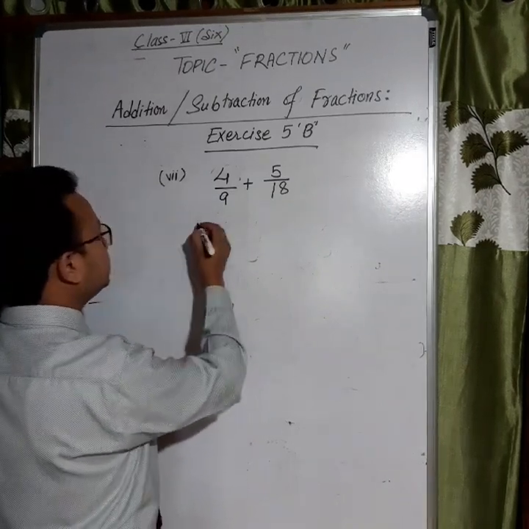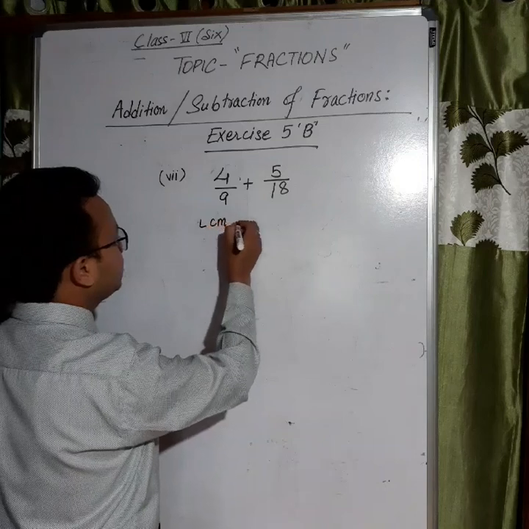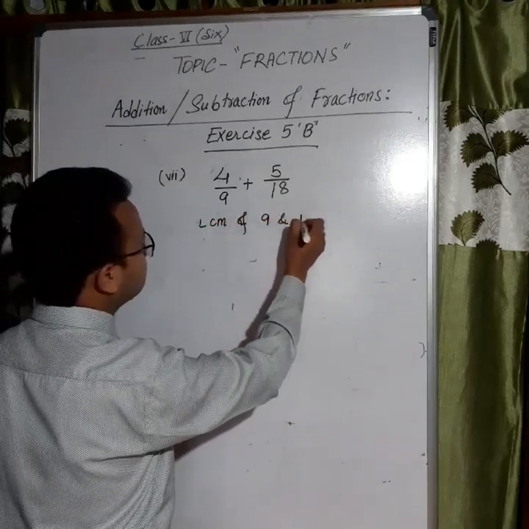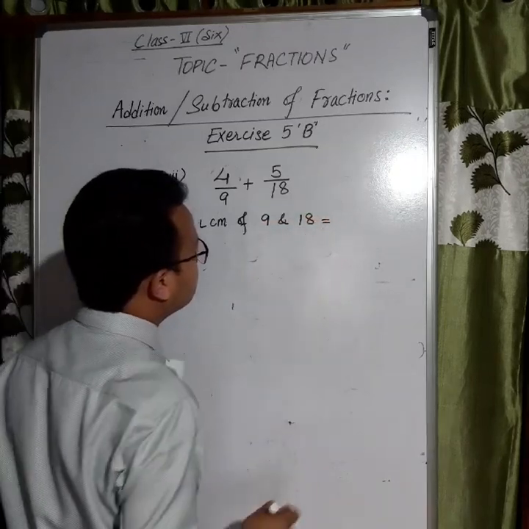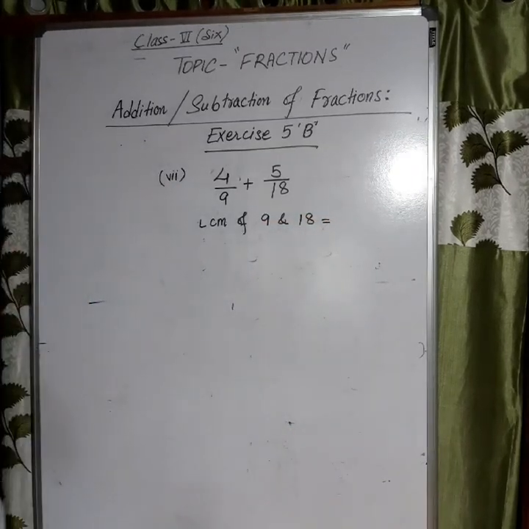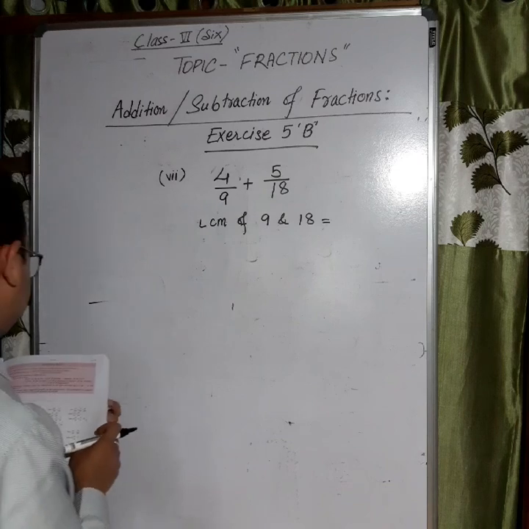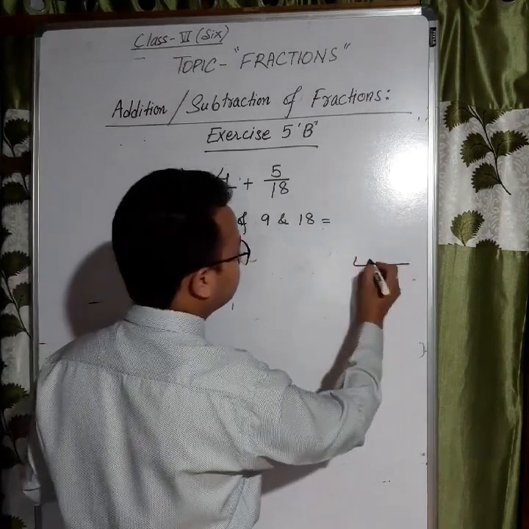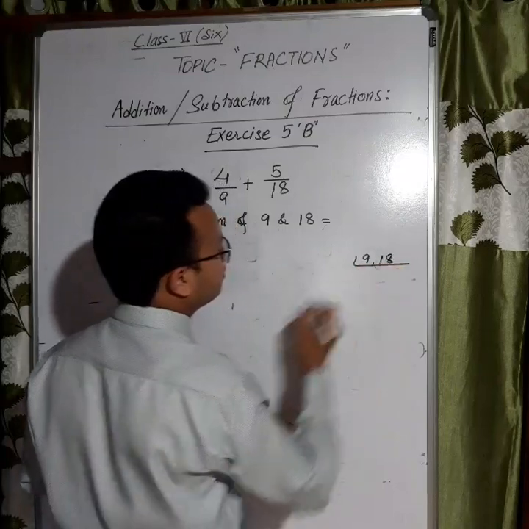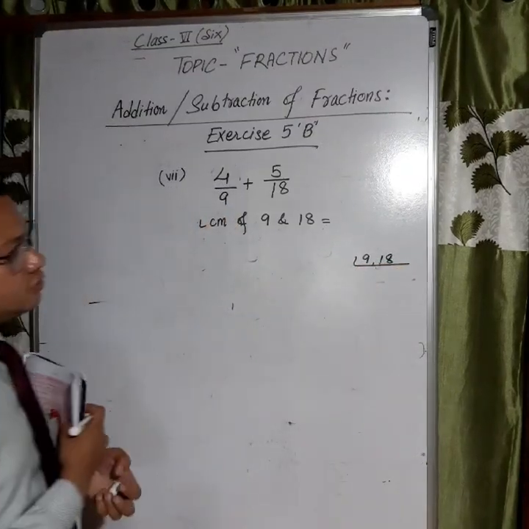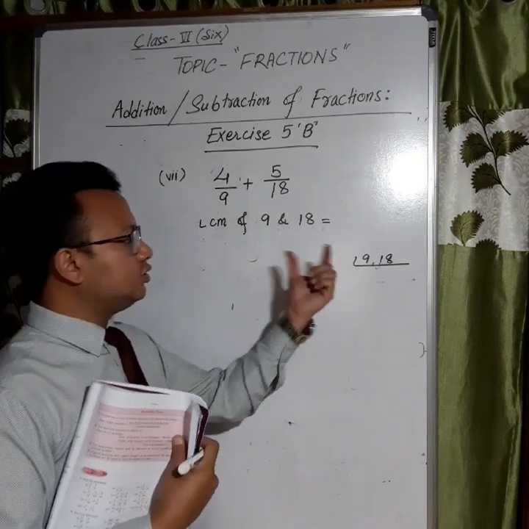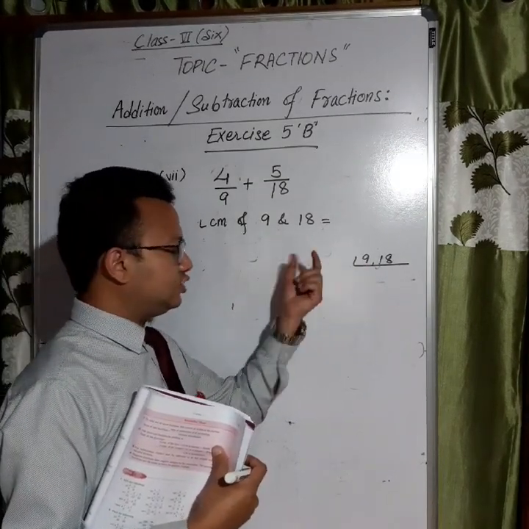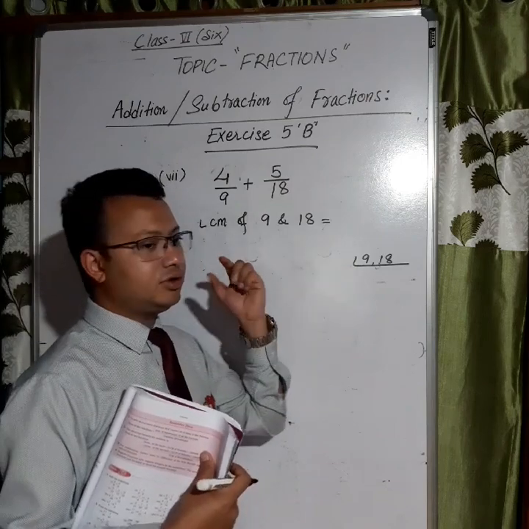So the LCM of 9 and 18. You need to find the LCM of 9 and 18. So how do you find the LCM? Actually, in the LCM you need to check with prime numbers only.